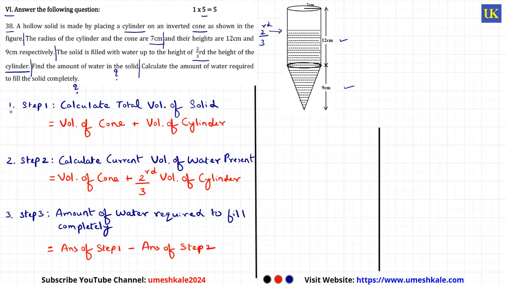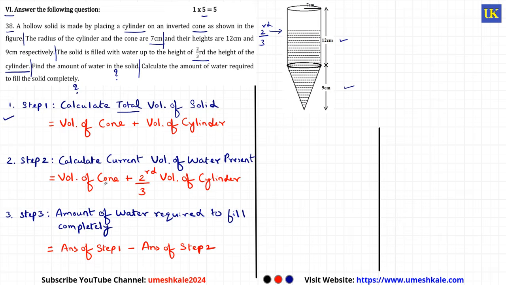Now we will solve this entire question in three steps. In the first step, we will calculate the total volume of solid. To do that, we need to find volume of cone plus volume of cylinder, and we will get the total volume of the solid completely. Then in step 2, calculate current volume of water present.